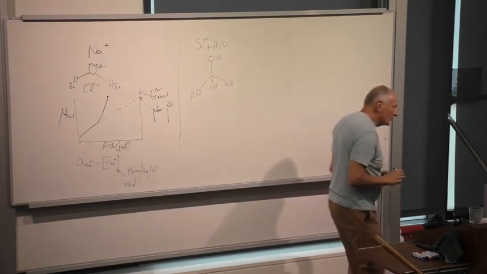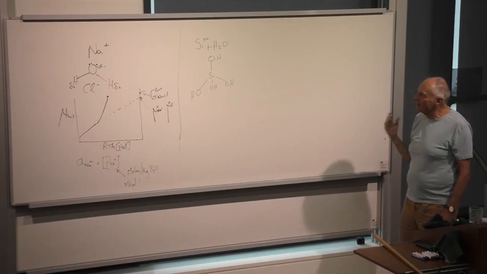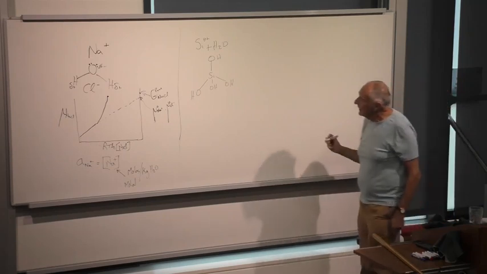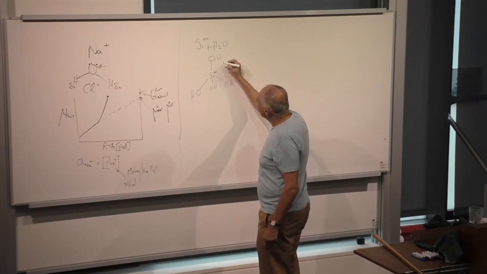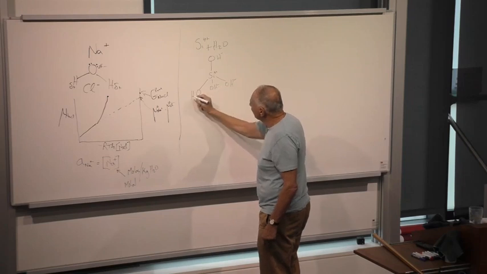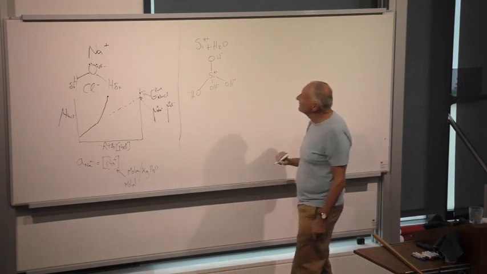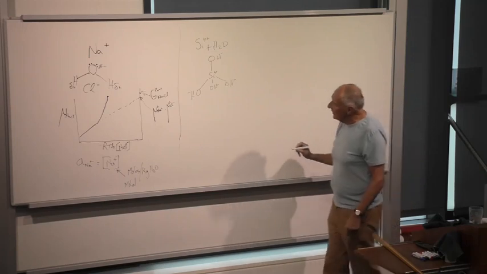So in solution, silicon is not Si4 plus. Si4 plus cannot exist. It is 4 plus at the center of 4 OHs, each of which has a minus sign, if you like, to give them formal charges. So the net molecule is neutral.